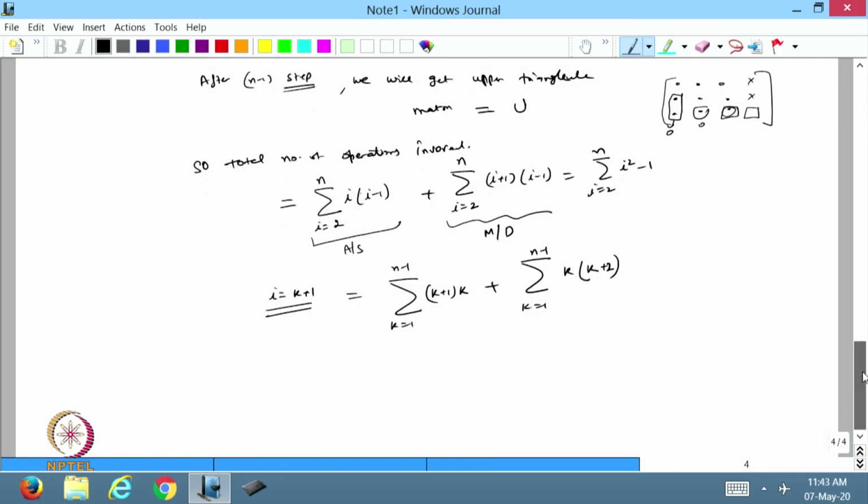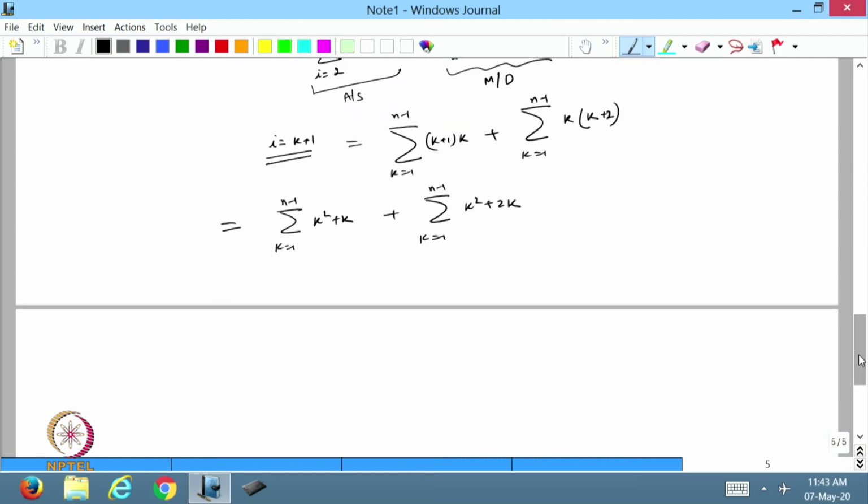Now, after doing this one, so from here I can get that this is equal to summation k from 1 to n minus 1, so this would be k square plus k plus summation k from 1 to n minus 1, this will be k square plus 2k.